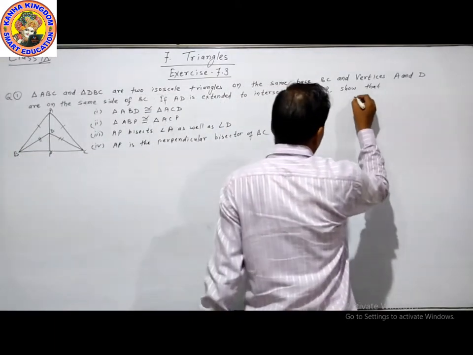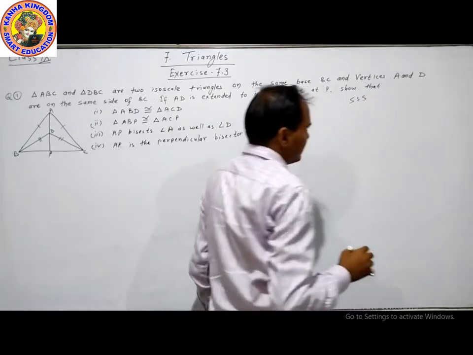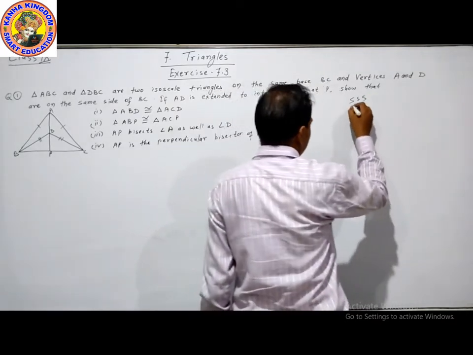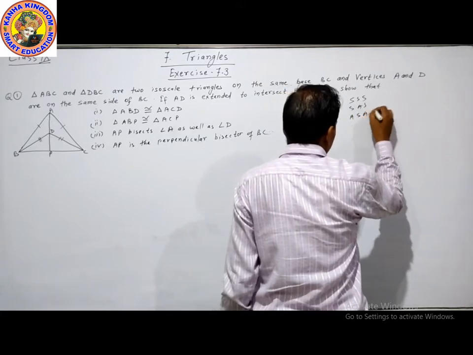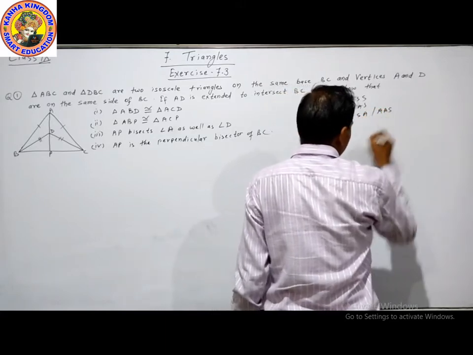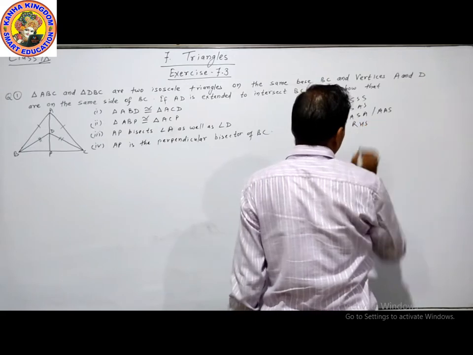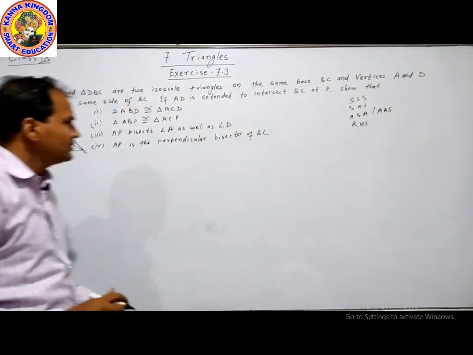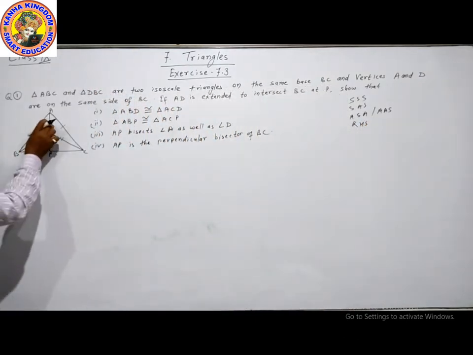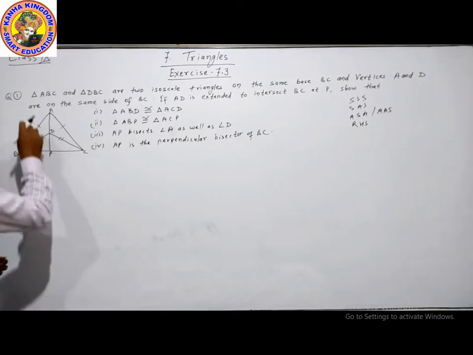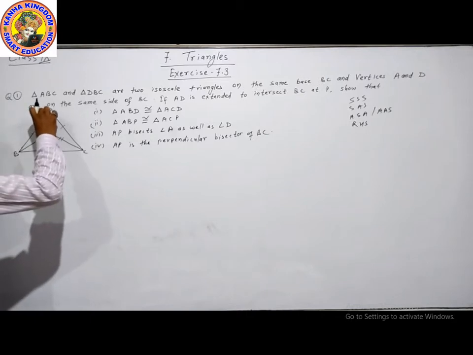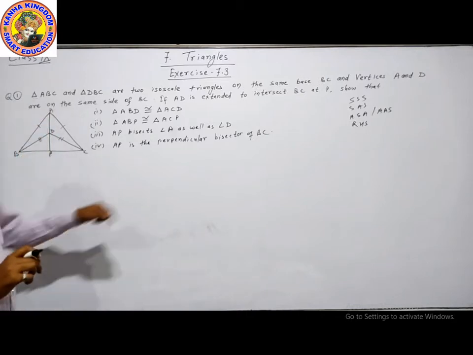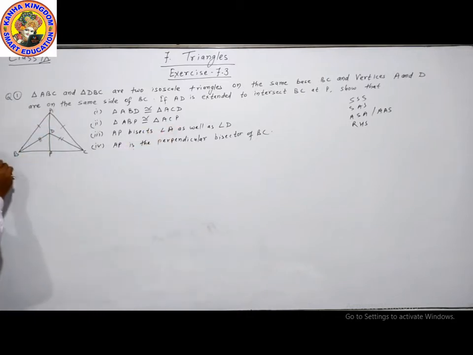We have four types of congruency rules: triple S, SAS, ASA or AAS, and RHS. These triangles are congruent. This side and this side are equal, this side and this side are equal. Two sides are equal and one is a common side. So the triple S rule can be used.